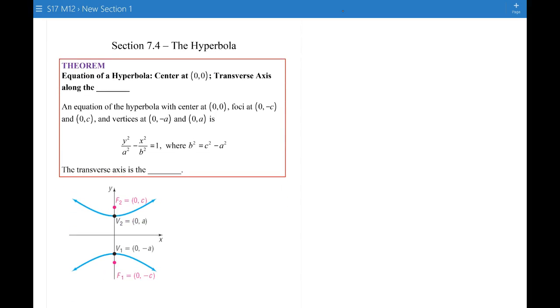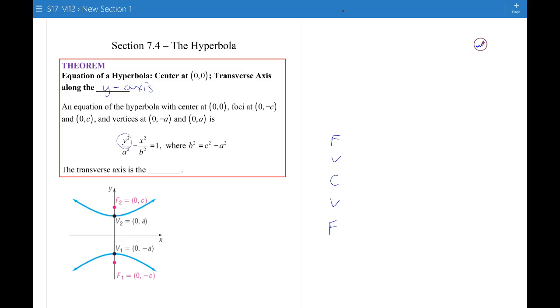Okay, so then the other type of hyperbola is, what if the transverse axis is along the y-axis? So then I have focus, vertex, center, vertex, focus. And if the y-axis is the direction of the transverse axis, then the y squared term comes first.